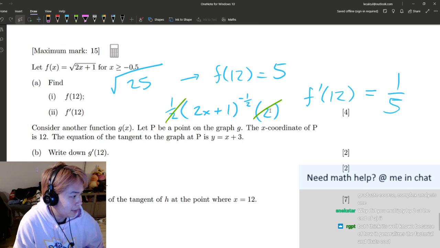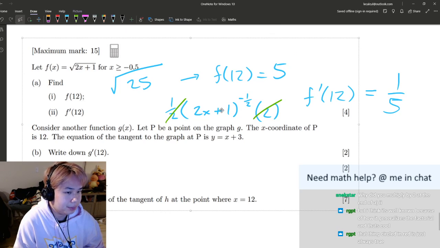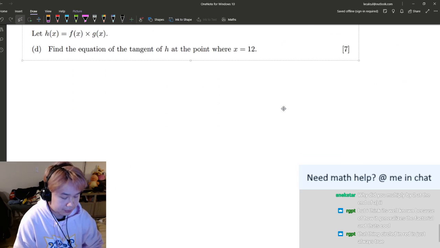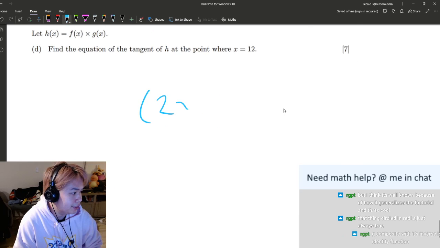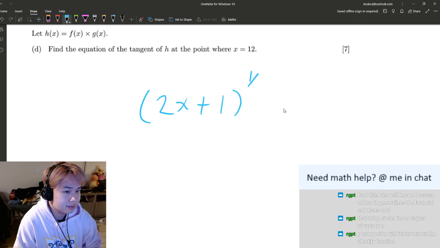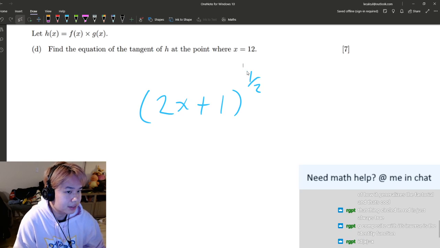Why do I multiply by 2, Snake Star? It's part of the chain rule. Because what I'm doing, right, is I take the derivative of this thing. So this becomes a coefficient. And then I subtract 1, so it's negative 1/2.